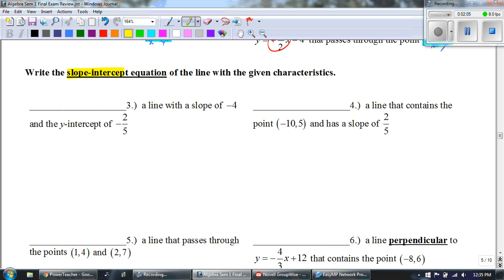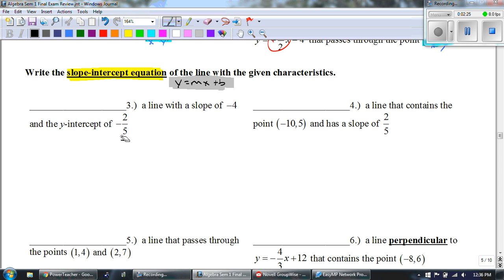So now we need to do slope intercept. Slope intercept means y equals mx plus b. So now we have to solve it. We will still start off in point slope.